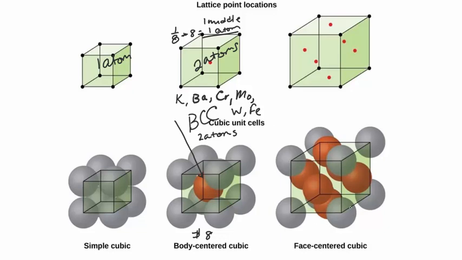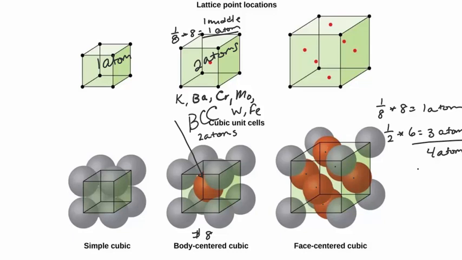So we have 1/2 of an atom on each face. We have 6 faces. So we have 3 atoms on our faces for a total of 4 atoms in this unit. This is the most efficient of the unit cells with atoms occupying 74% of the volume. This is called the cubic closest packing, or CCP arrangement.